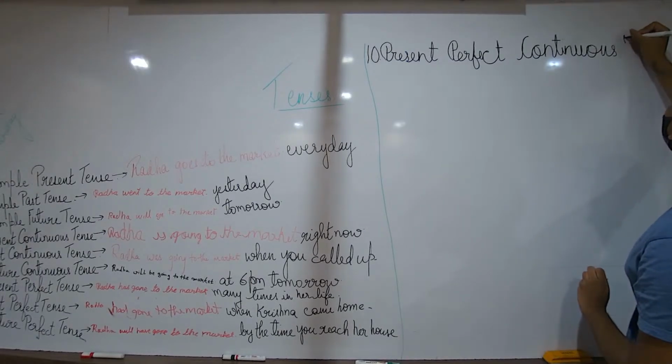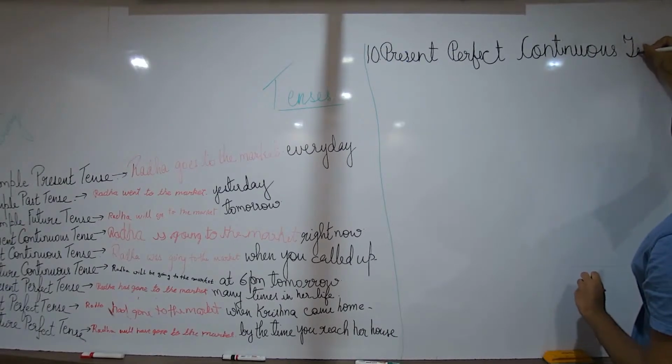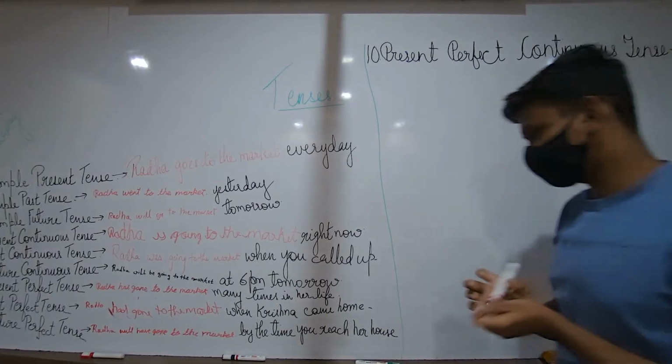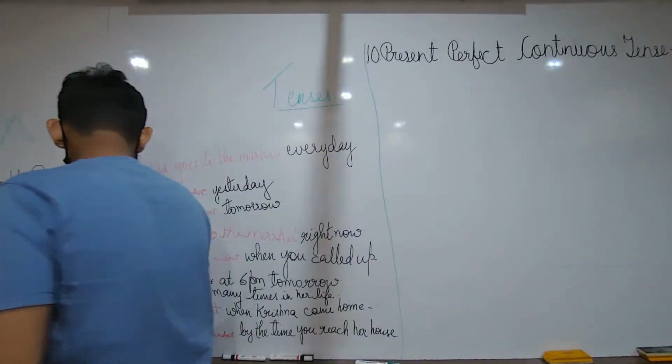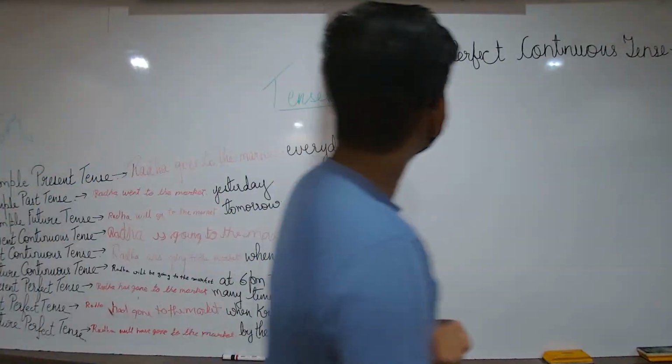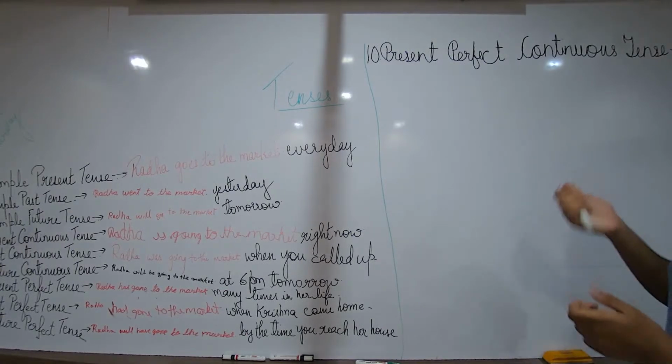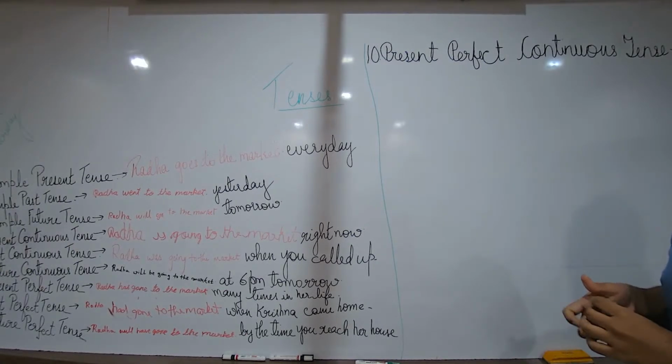For every word you made me say it. Now take a red pen and tell me what the sentence will become. Radha has been going to the market. Beautiful.